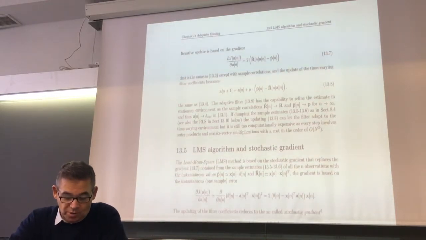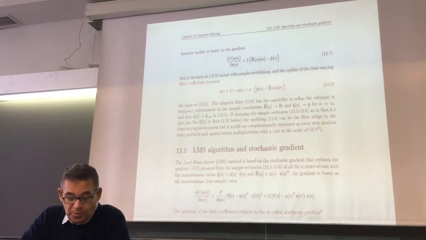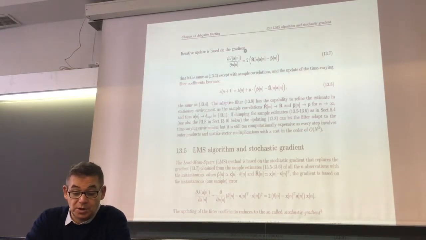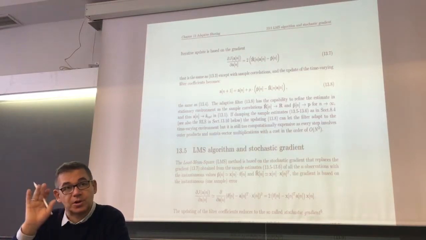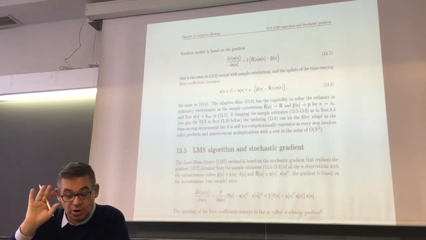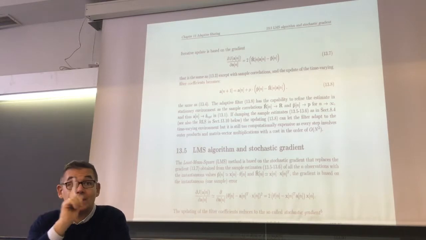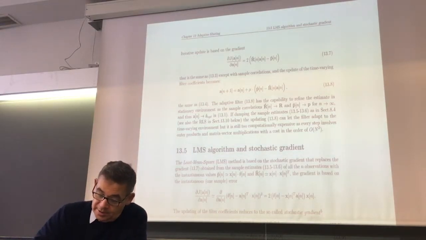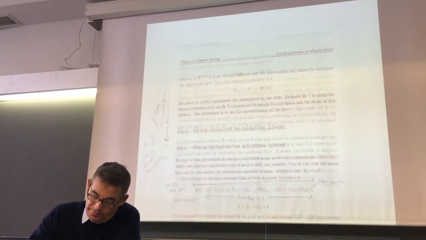So now, rather than computing the gradient of the error using all the samples or the data, as indicated here, I can compute the gradient of the error using just one sample. In other words, let me copy it so I show you.